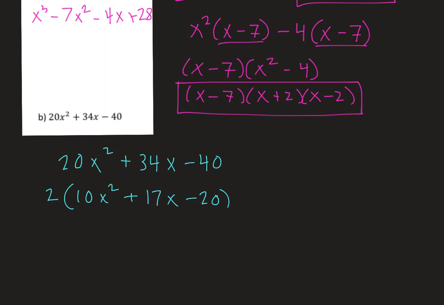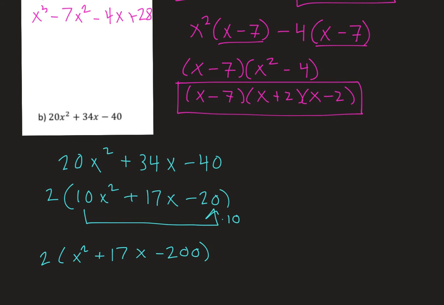All right, now we need to factor the remaining trinomial. So I'm going to take that 10 and multiply it by the 20. So I've got 2x squared plus 17x minus 200.